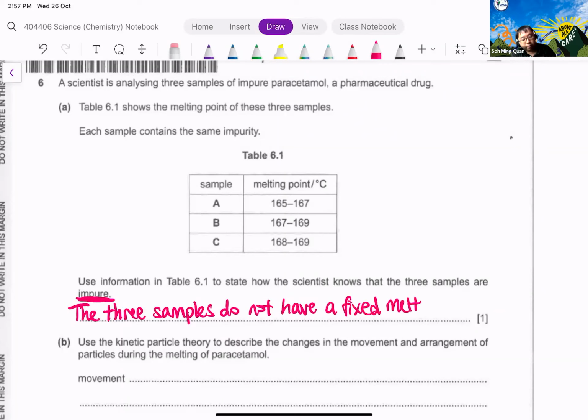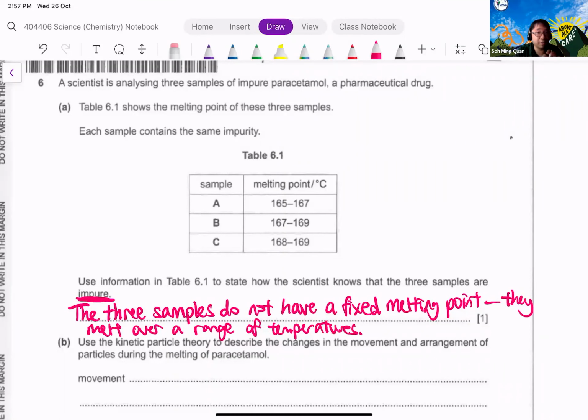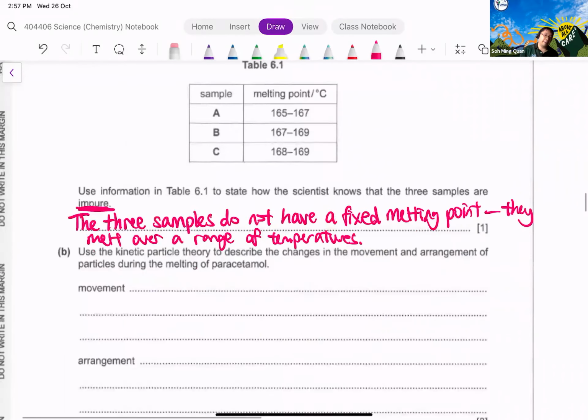How do I know the melting point is not fixed? Because they melt over a range of temperatures. Right? They melt from, let's say, 165 to 167 degrees Celsius. That's a range. It's not just one temperature that's fixed. Okay, so that's part A.